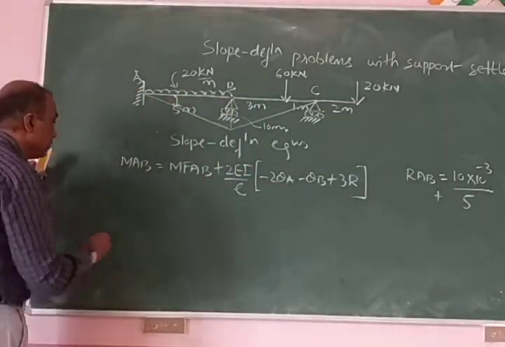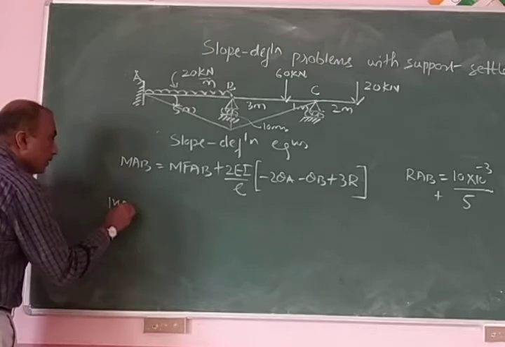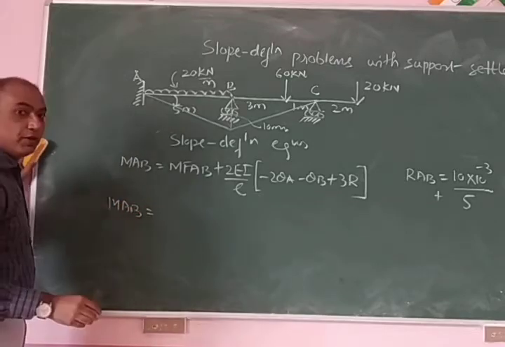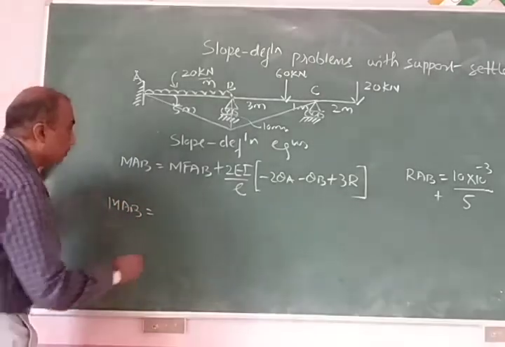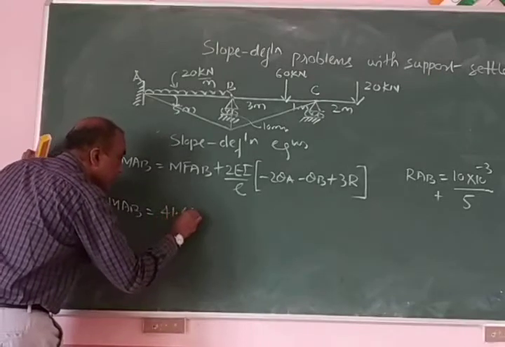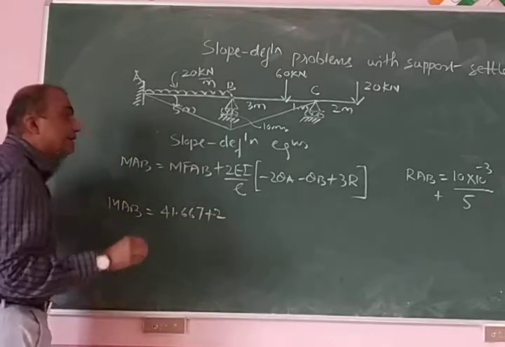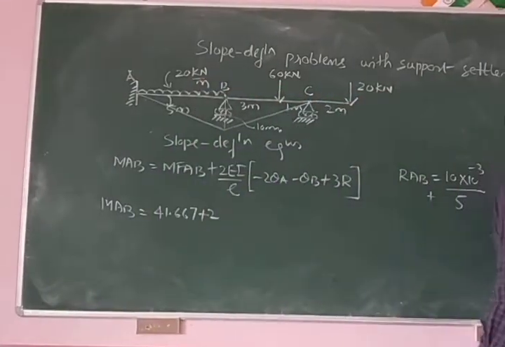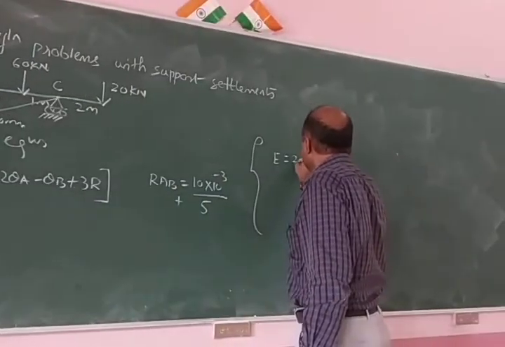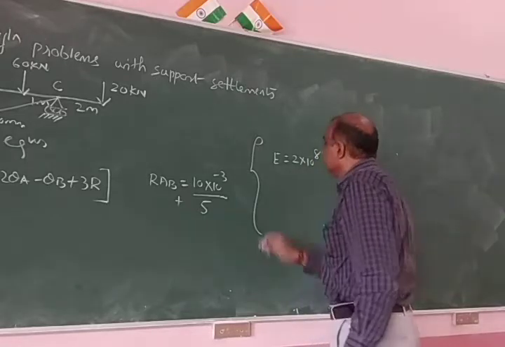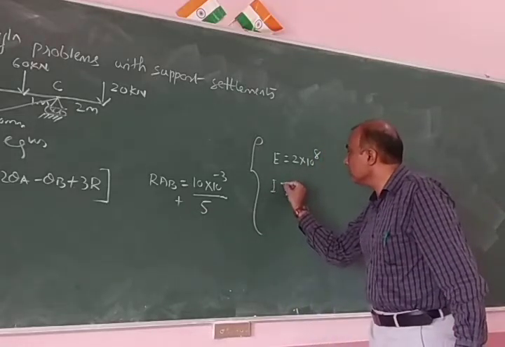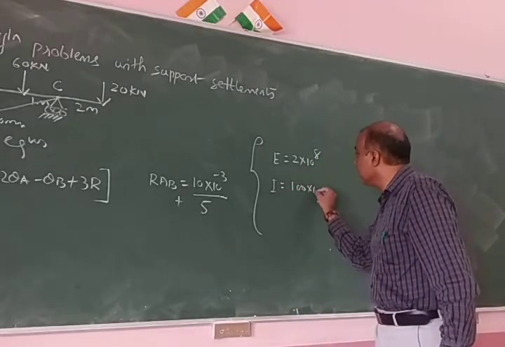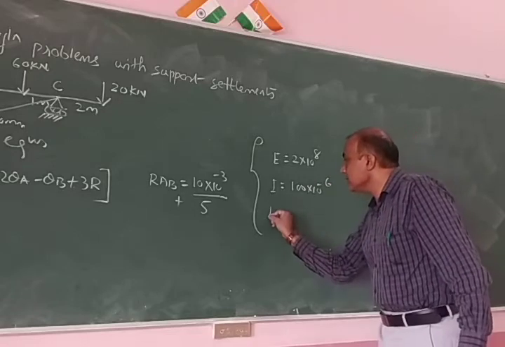So I am going to substitute now MAB. MFAB we know already, we found out it is 41.667 plus 2EI. EI is very important. Now look here, what is EI? E is equal to 2 into 10 to the power 8. I is equal to 100 into 10 to the power minus 6. So what is EI?